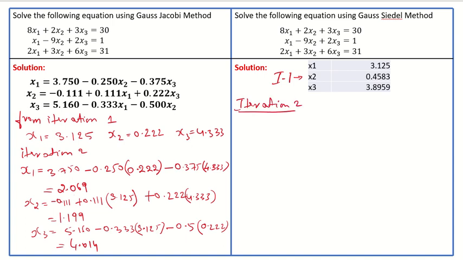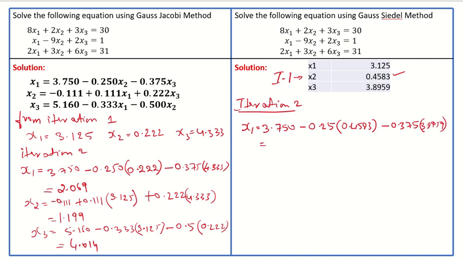Now we'll find out from iteration 2 what is the value of x1. I have written the equation here. So it is x1 equal to 3.750 minus 0.25 into x2, and x2 value is 0.4583, minus 0.375 x3. X3 is how much? 3.8959.